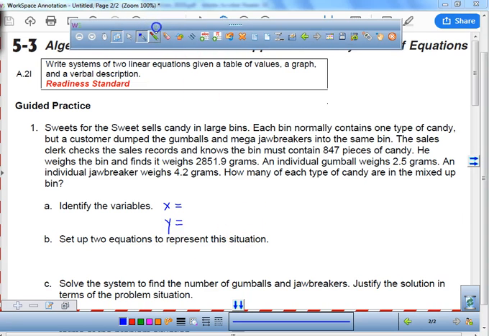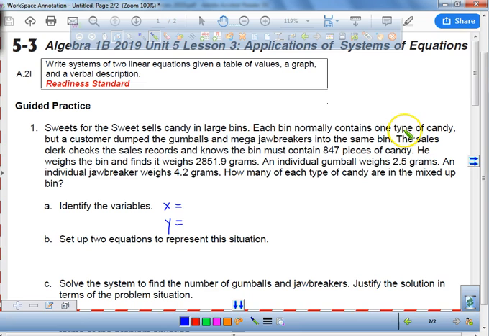So right now, as we read through the problem, I'm going to highlight some things that you may think are important. It says, Sweets for the Sweet sells candy in large bins. Each bin normally contains just one type of candy, but a customer, not going to mention any names, dumped the gumballs and mega jawbreakers into the same bin. The sales clerk checks the sales records and knows that the bin must contain 847 pieces of candy, so highlight that.